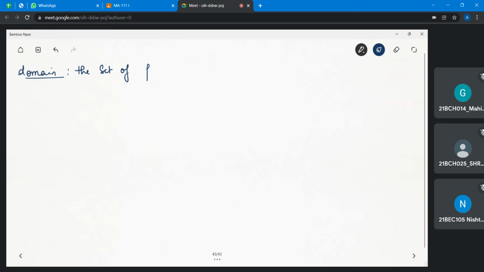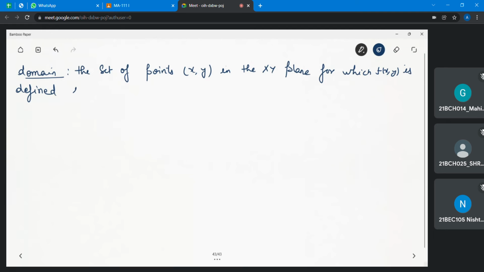(x, y) in the xy plane for which f(x, y) is defined is called the domain of the function.